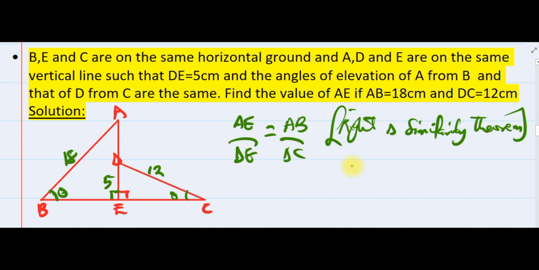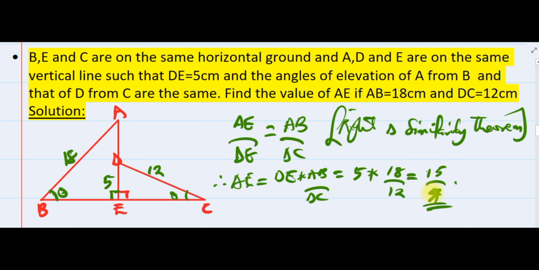So by that theorem, we are looking for AE. Therefore, AE is DE times AB over DC, where DE is 5, AB is 18, DC is 12. Okay, 6, 3, so this should be 15 over 2.